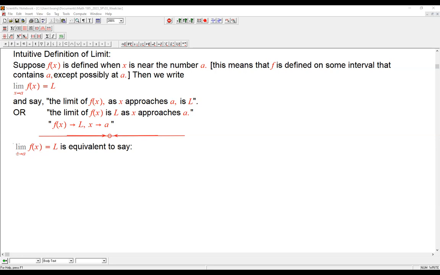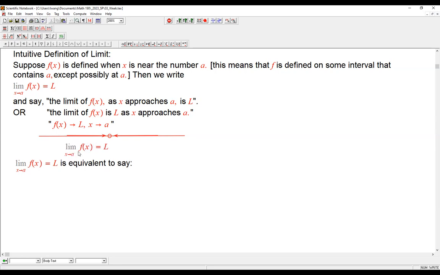If this limit exists, what that means is that the limit approaching a from smaller than a, we're going to use this notation, which is a with a negative sign on the shoulder of a.